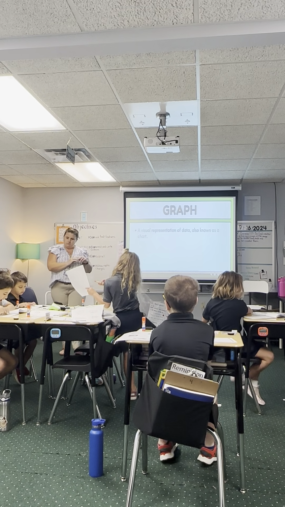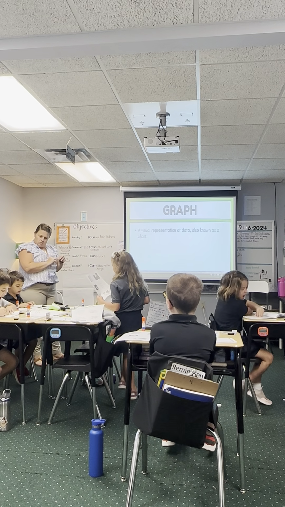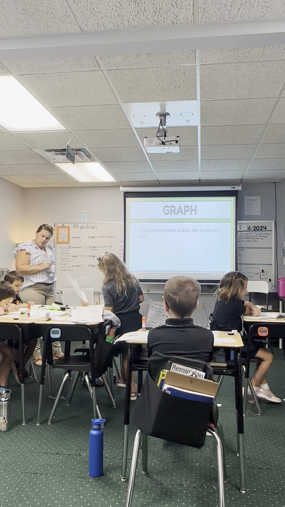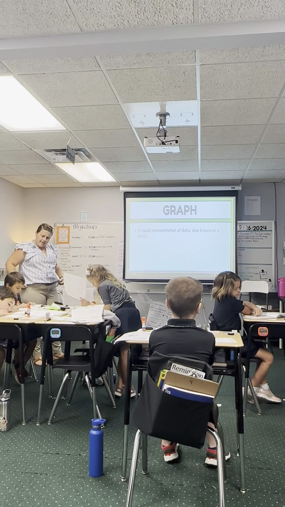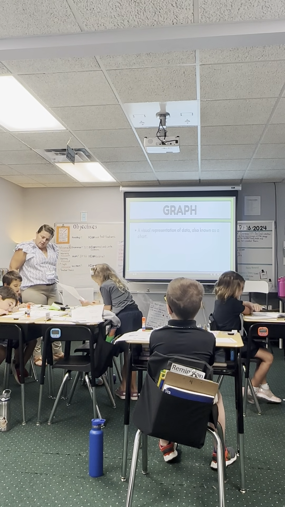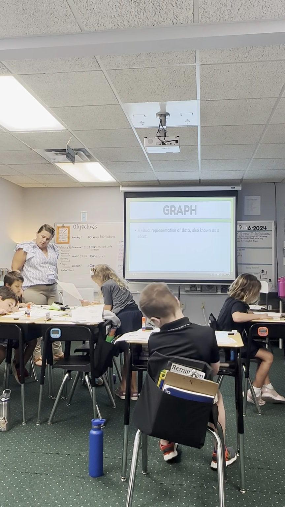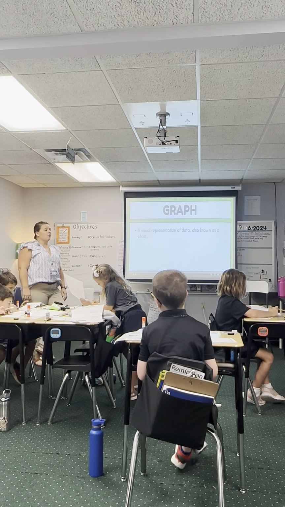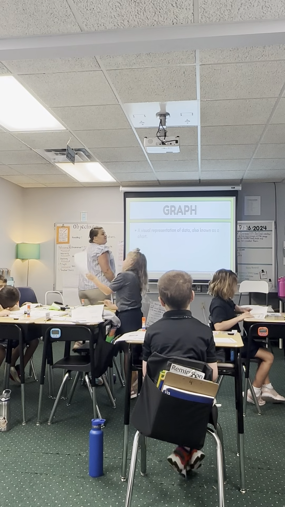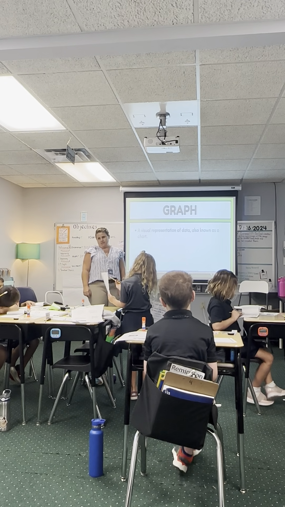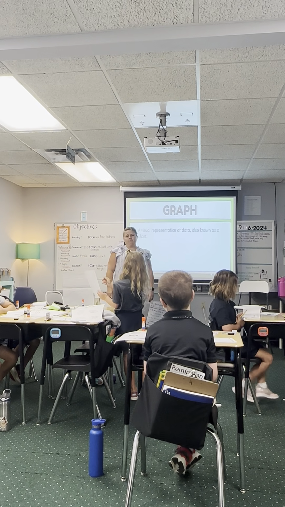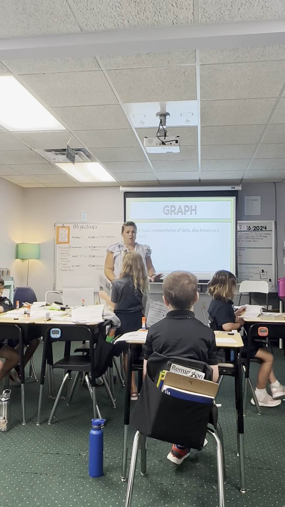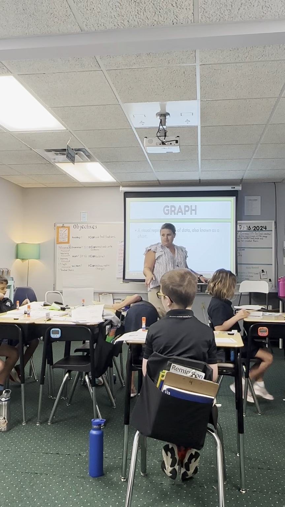A graph helps the reader organize numbers and data so that it is easier to visualize information. So a graph is a visual of data. Who knows what data is? Do you know what data is? Kind of?